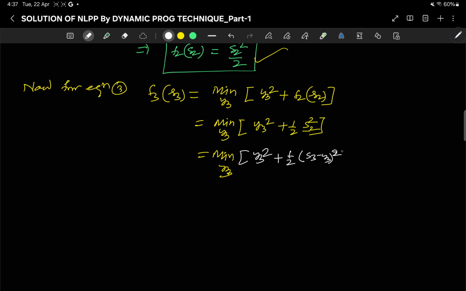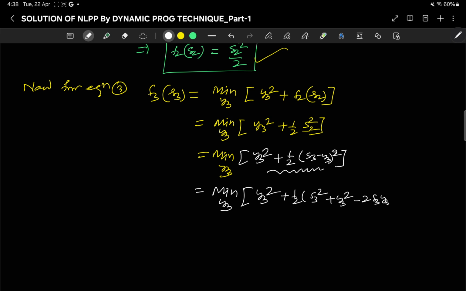I can split it: y3 square plus half s3 square plus y3 square minus 2 s3 y3. Adding, this is the minimization over y3 of 3 by 2 y3 square plus 1 by 2 s3 square minus s3 y3. Let me call it my v.